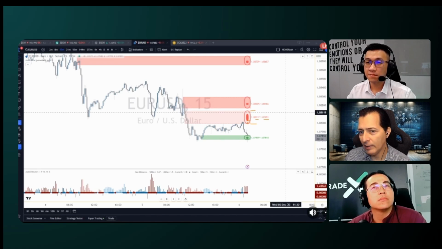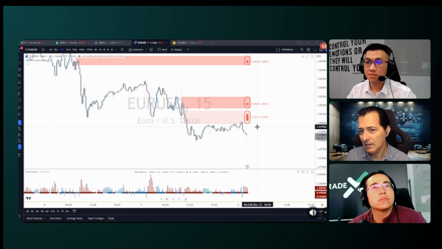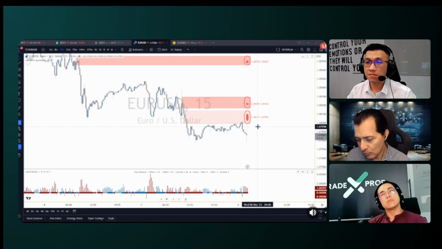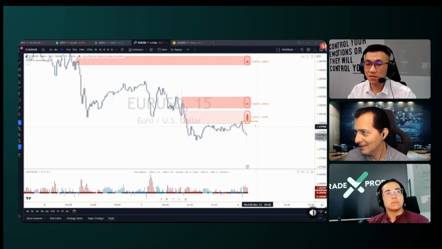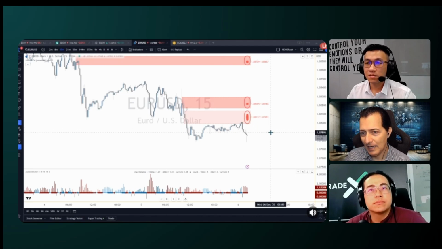Now you're entering where the meat of the sell orders is, and you are improving your reward to risk ratio. Of course, there is a price to pay for this, which is you may miss the trade. If you look at exactly where this turning point took place, it took place maybe a couple of pips under the circle. So if you were that trader, you missed the trade.